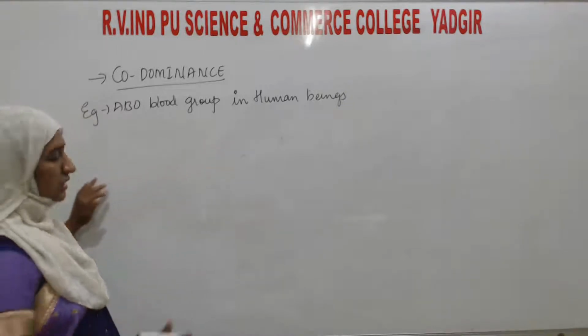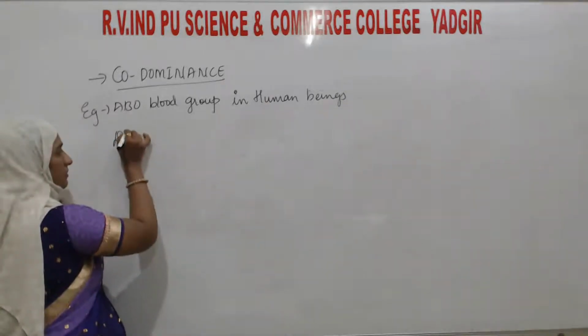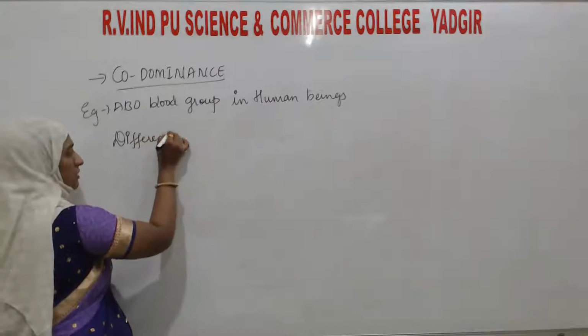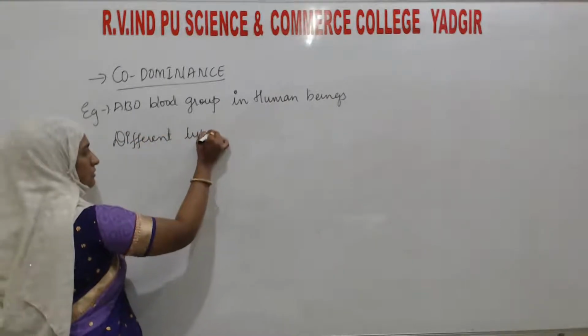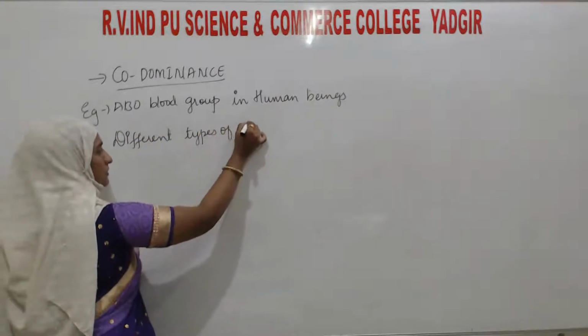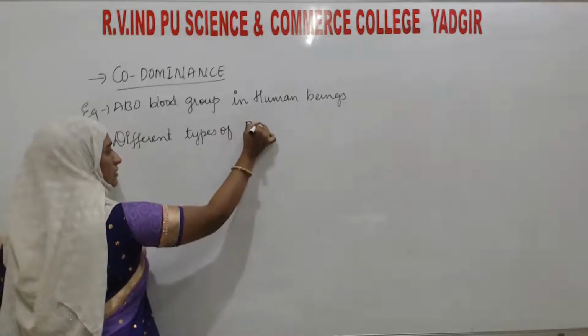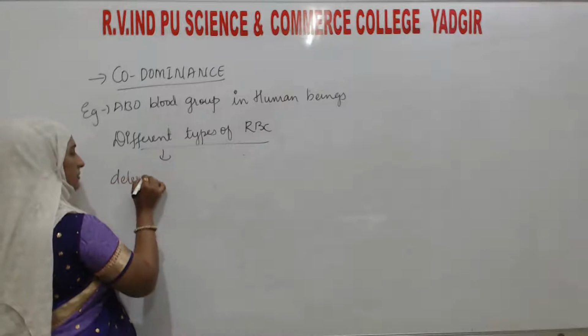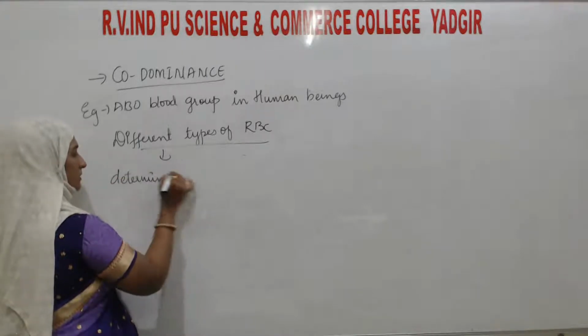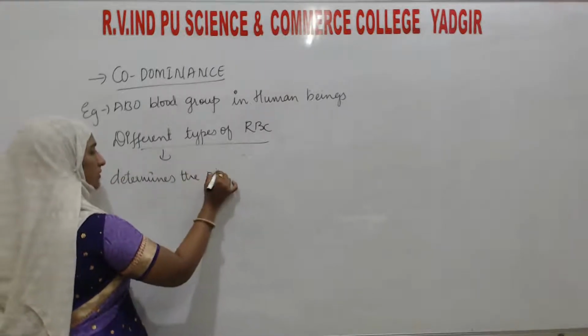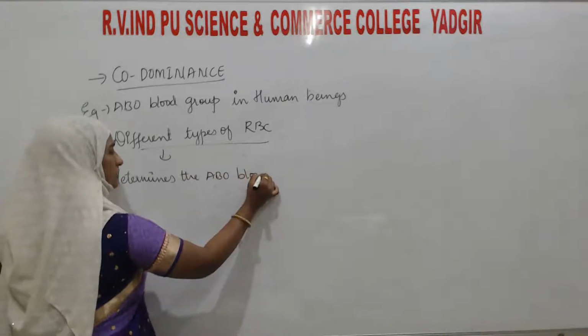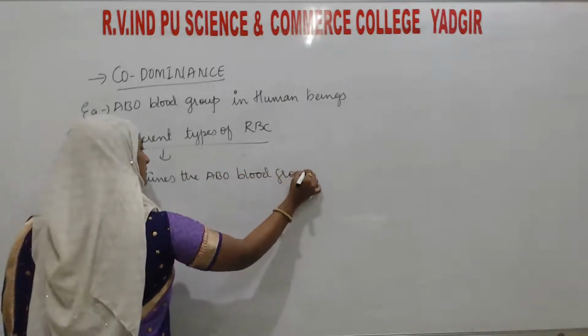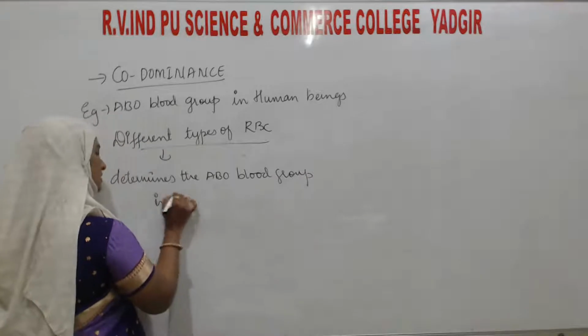So here, different types of RBC determine the ABO blood group in human beings.